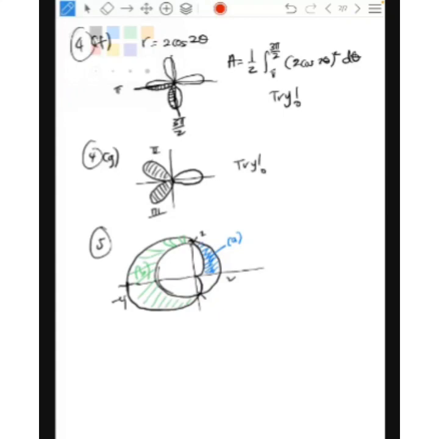And then C, sketch and find the region inside both the circle and the quadrant in the third quadrant. Okay, so C is only this one. So you have 3 areas that the question asks you to find. Okay, so the A should be 0 until pi over 2.